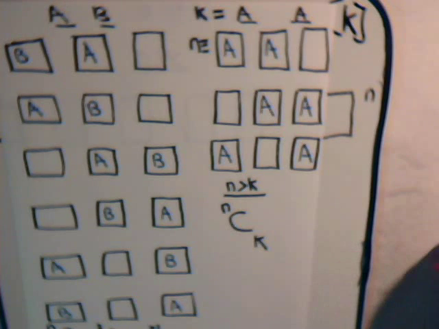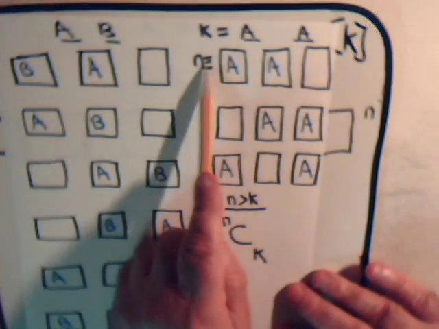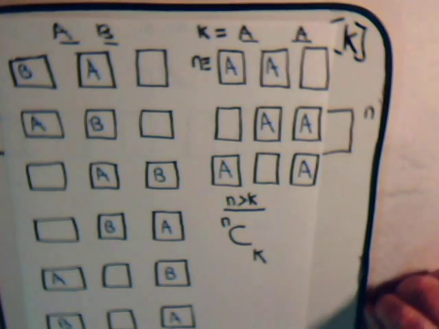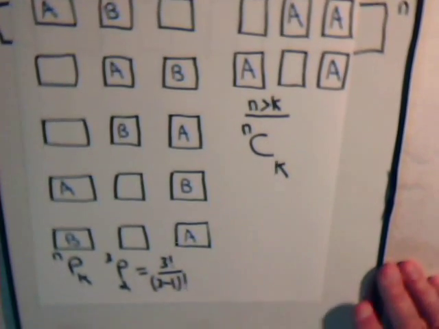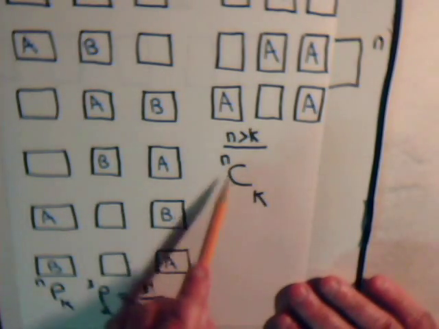So now, when we have identical objects, and we place one object in each box, and we have more boxes than we have objects, now the total number of ways of doing it is not this expression. Instead, it is this expression.